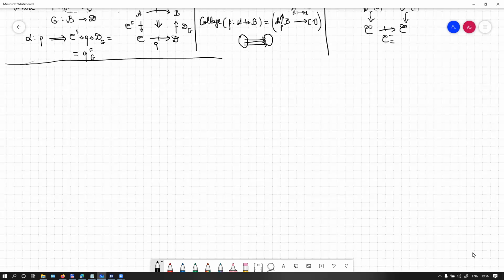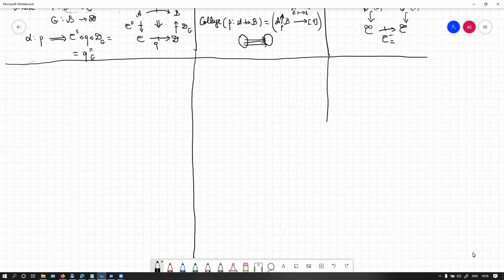Okay, and the next topic, I think the last one for today, or pre-last one, we'll see how time allows us, will be called co-continuous functors between co-complete categories.